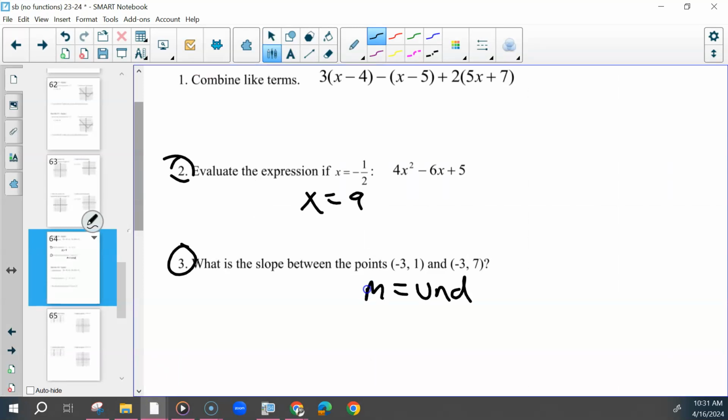If using Desmos and not doing it algebraically or in the calculator, make sure you use Desmos. And then number 4, you're finding your line of best fit.